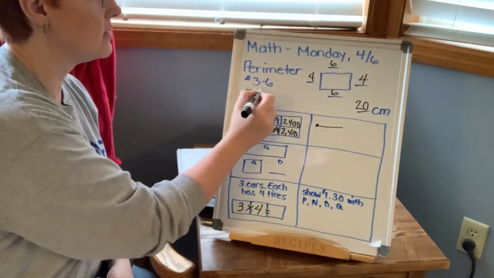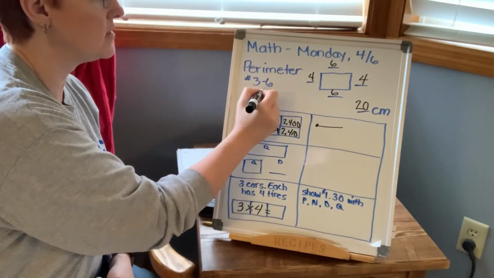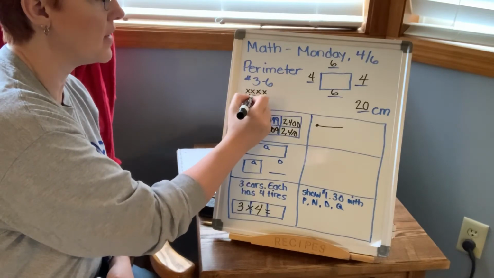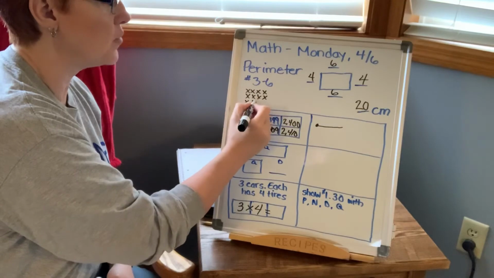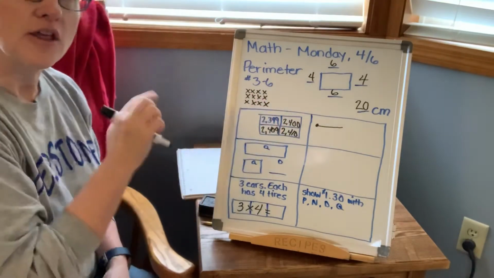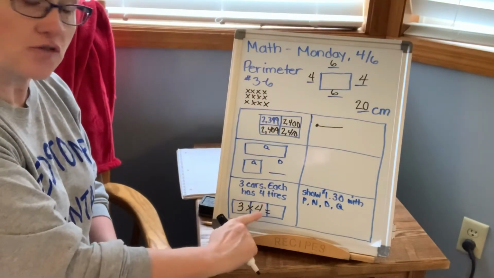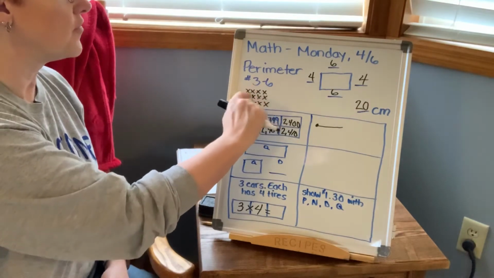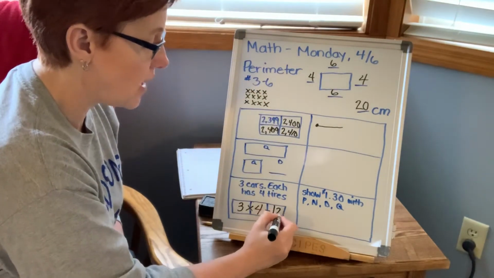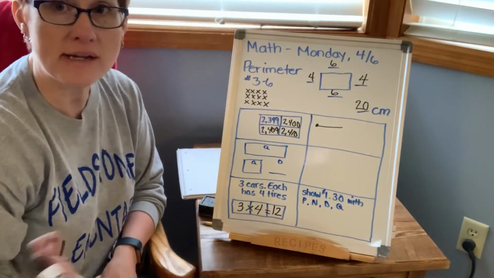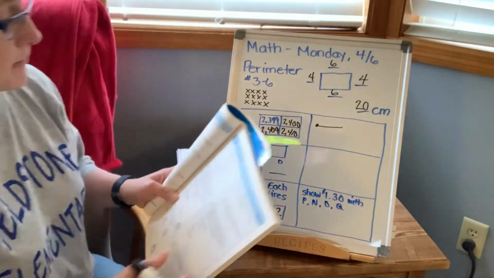So you want 3 rows with 4 in each row, okay? So here, 1 row, 2 rows. I need 1 more row, all right? 3 rows with 4 in each row. So 1, 2, 3, 4, 5, 6, 7, 8, 9, 10, 11, 12. My answer is 12. Some of you don't need to draw the array, some of you do. It's just the way it is, okay?